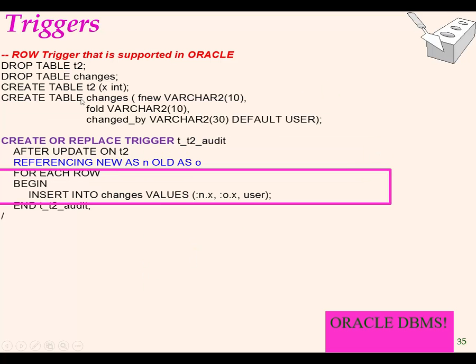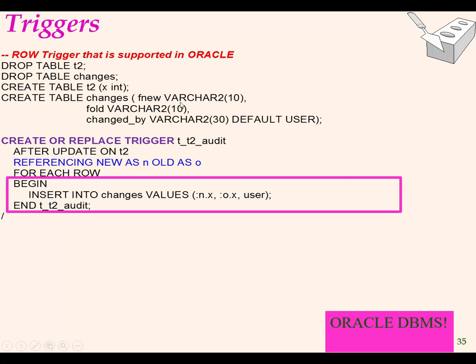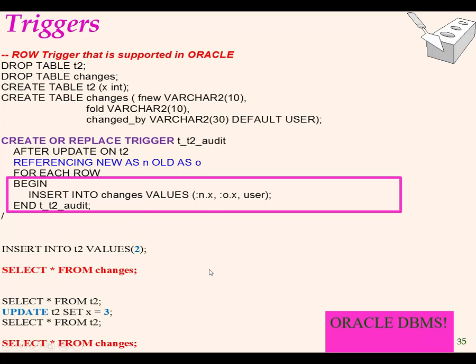My table Changes has 1, 2, 3 attributes. So this is the new value, this is the old value, and this is the user that made that change. So after I create it, and again, please remember the slash, and after you run this, all the changes to table T2 will be logged with the old value, the new value, and the username that changed it.